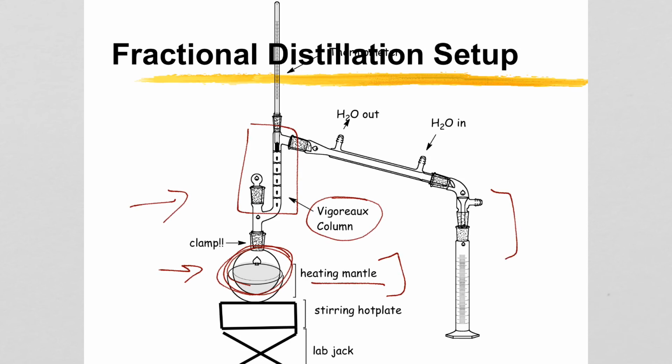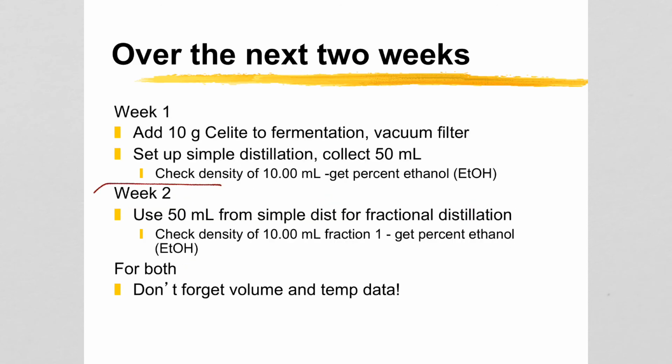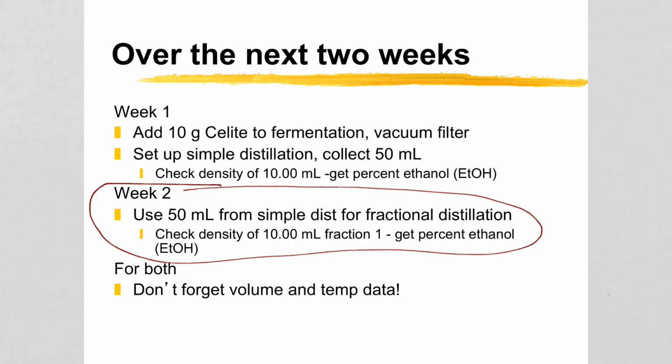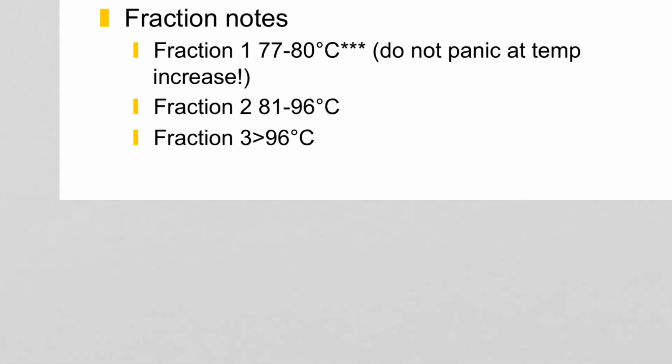The only difference is now, instead of just collecting one fraction, you're going to be collecting multiple fractions. So to focus in on week 2, you're going to use what you isolated from your simple distillation for the fractional distillation, and then we're going to check the density of fraction 1 and get the percent ethanol from that.